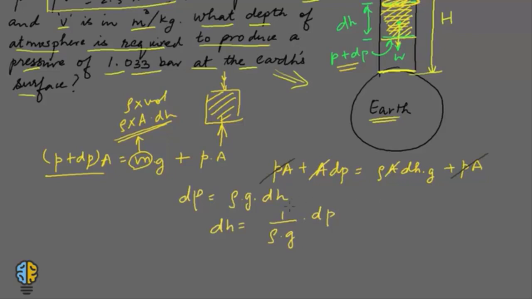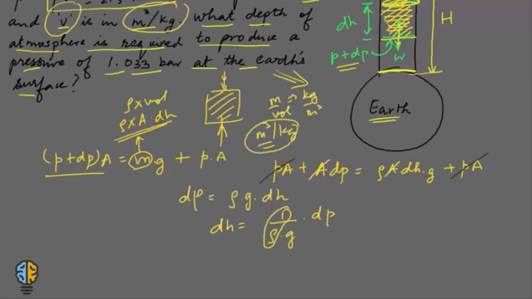Okay, now if this is 1 by rho, now what is 1 by rho? If you look at it, rho is basically mass upon volume. So this is kg per meter cube, isn't it? If you take the reciprocal of it, you will get meter cube per kg. Now this is nothing but the specific volume, isn't it?